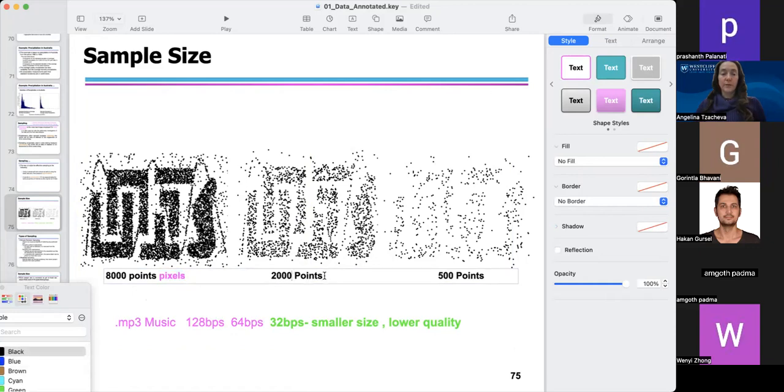And if we take 2000 pixels for this one, this is what we would see. And if we take 500, we still have some information. We can kind of tell those shapes here, but they are very weakly defined.